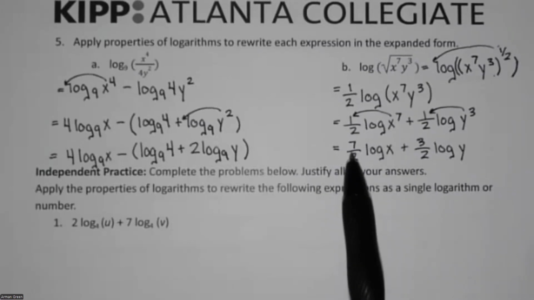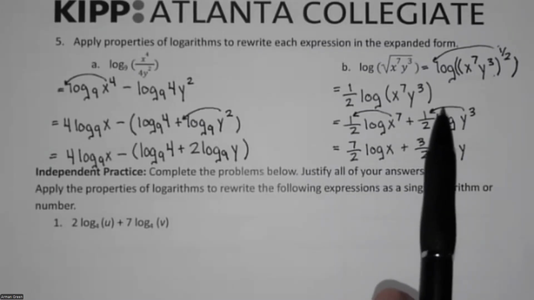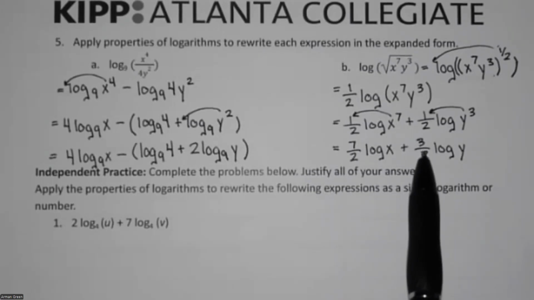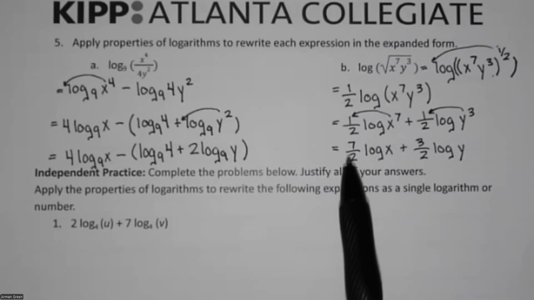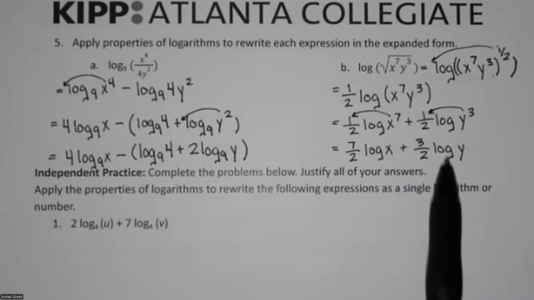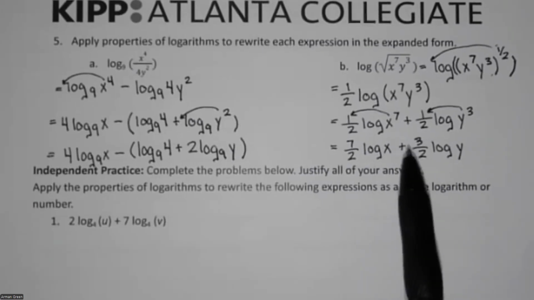So if I do that, I get 7 over 2. In this case, since I'm moving a 3 out to the front, I have to do 3 times 1/2, which is 3/2. So my final answer for part B here is 7/2 times the log of x plus 3/2 times the log of y. I can't do anything else with that, so I am done.